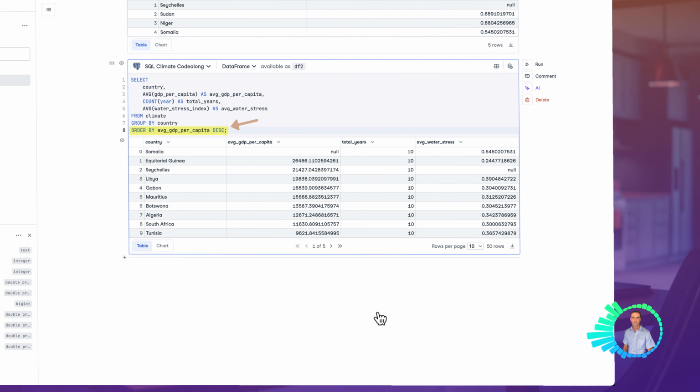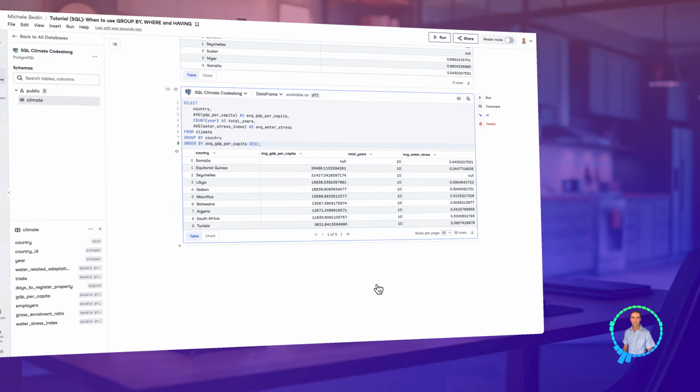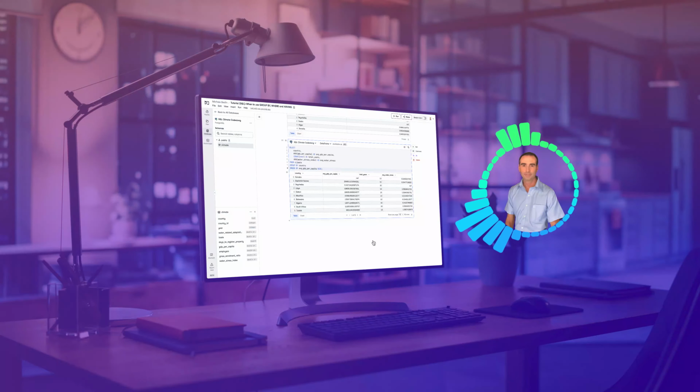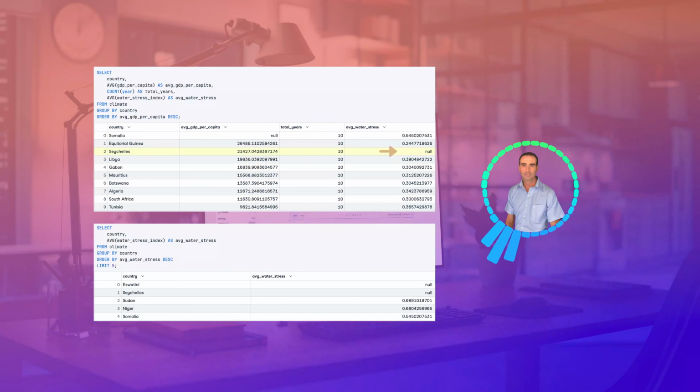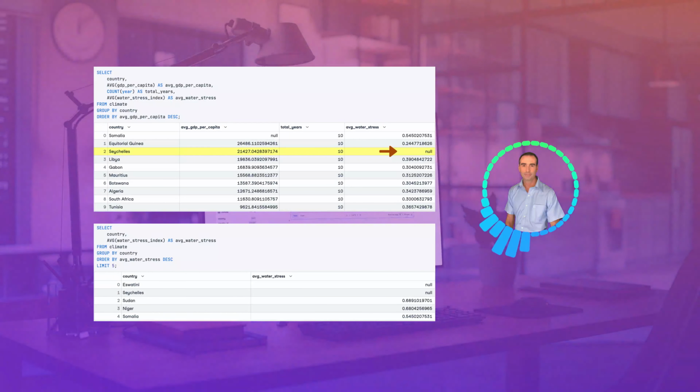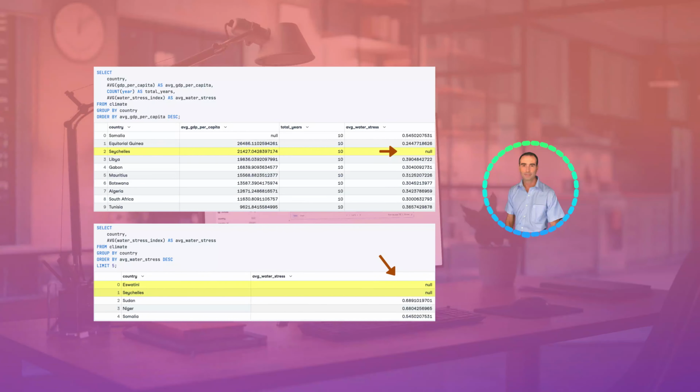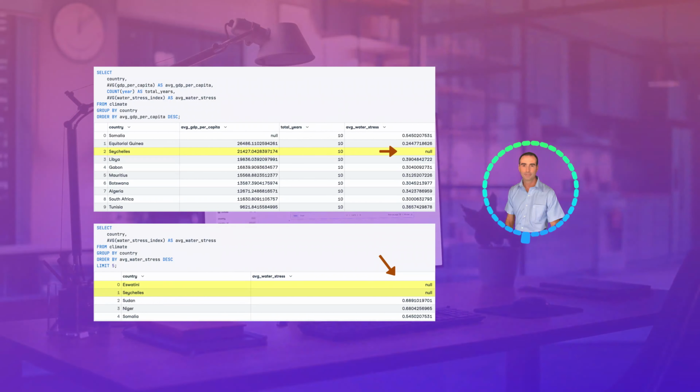Finally, we combine the results into a table, sorting the countries by average GDP per capita in descending order. As we can see, the previous results have null values that could make the analysis incorrect, as in the case of the first query we examined. To remove them, it is necessary to proceed with data filtering.